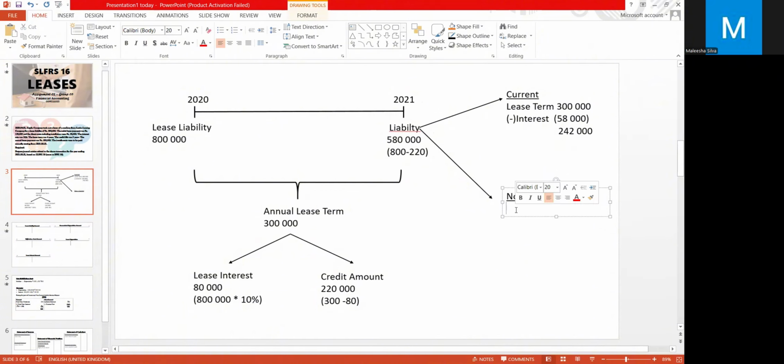The non-current part is the balance after deducting the current part, 580,000 minus 242,000, then 338,000.